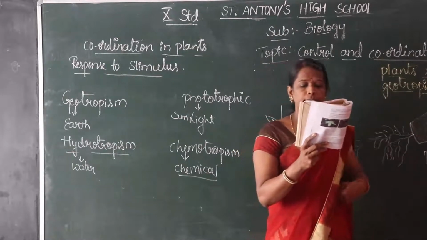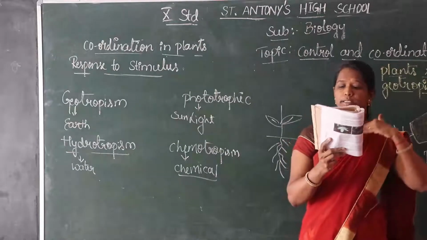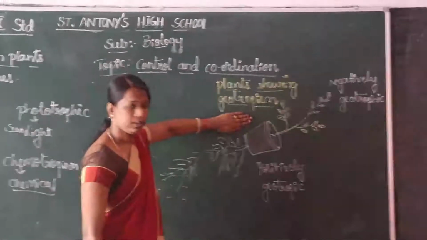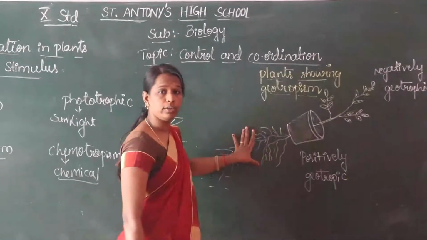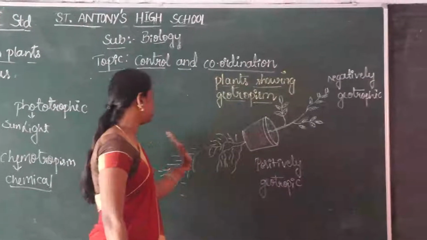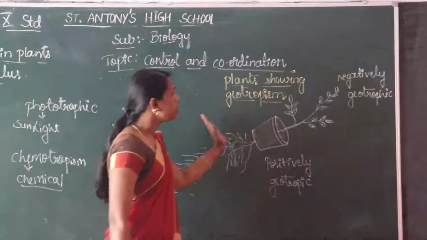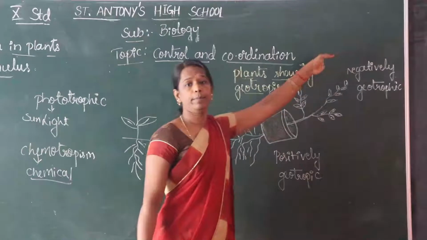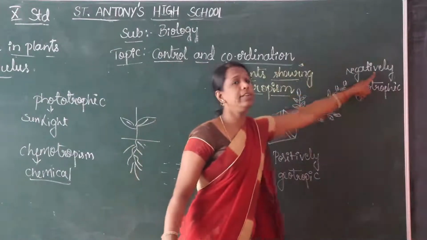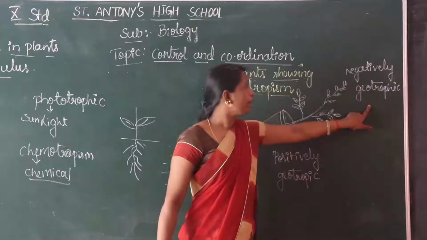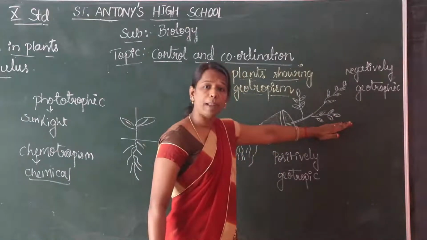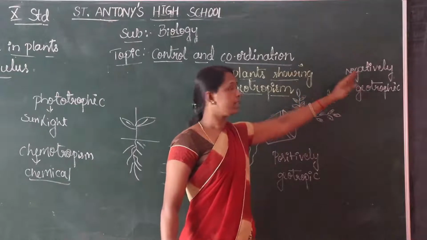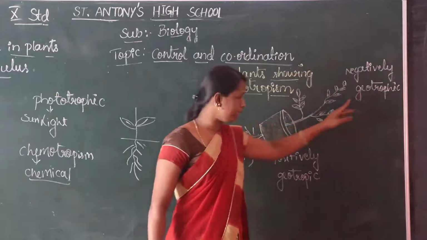For example, take the direction of growth upwards. See, I will take this potted plant. Here the roots grow downwards. The plant stem grows towards the air, and that is called negative geotropism.